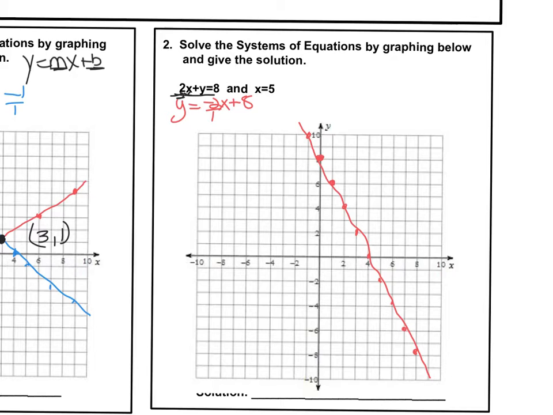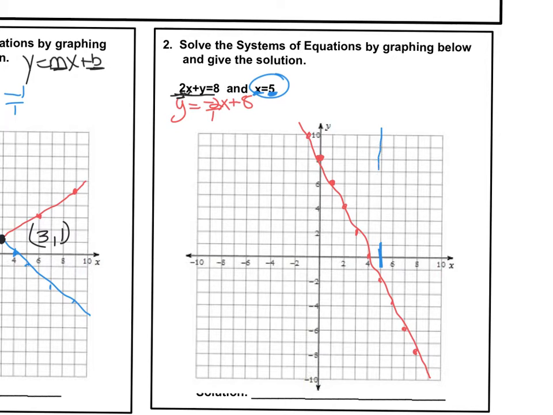The other equation is x equals 5. Remember, when we just have one variable, that means it's going to be either horizontal or vertical. This says x equals 5, so I cross the x-axis at 5.